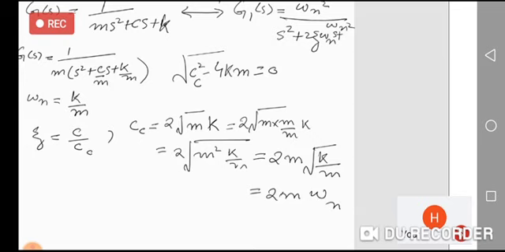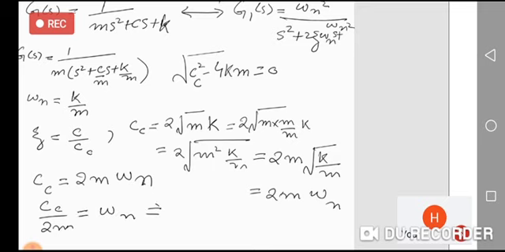So another equation we have: CC is equal to 2m omega n. Now let's combine these two, and I can write CC over 2m is equal to omega n.